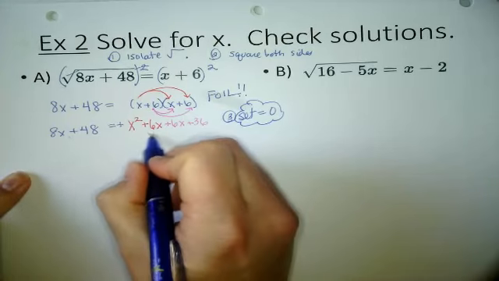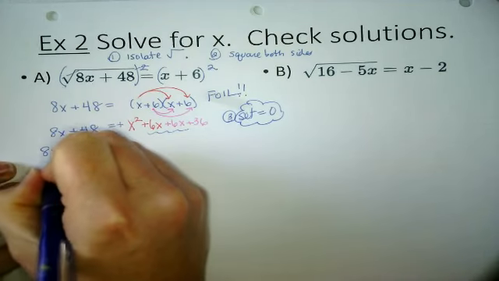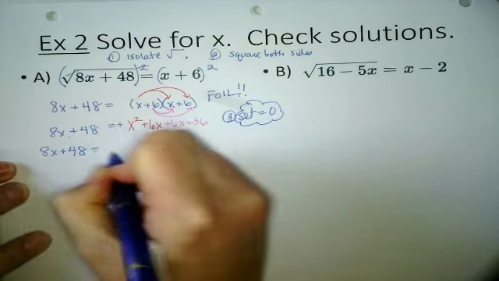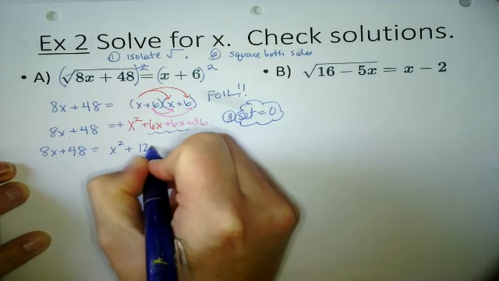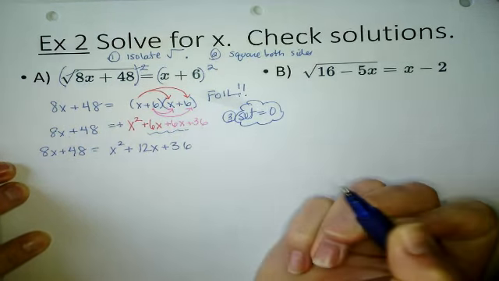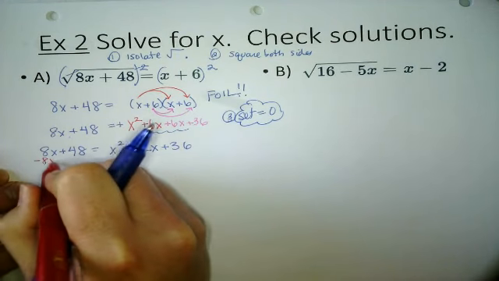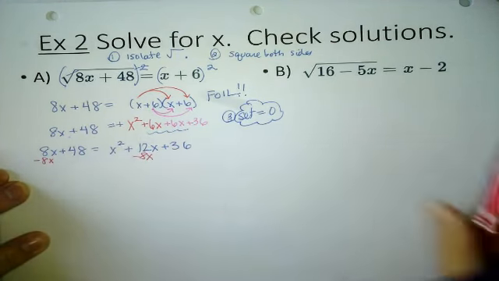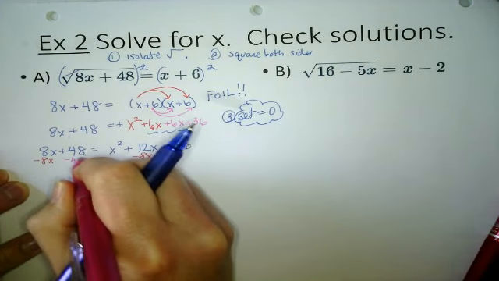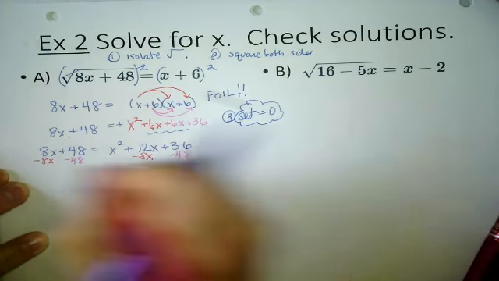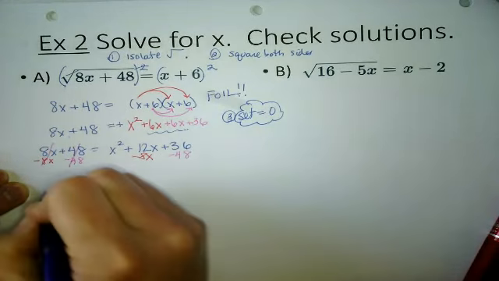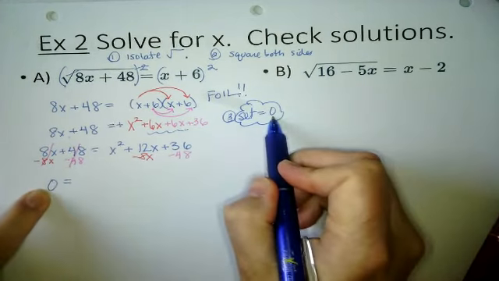But first, I'm going to go ahead and clean this up a little. 8x plus 48 equals x squared plus 12x plus 36. And I'm going to move everything to the right here. I'm going to subtract 8x, and I'm going to subtract 48. So they go away.